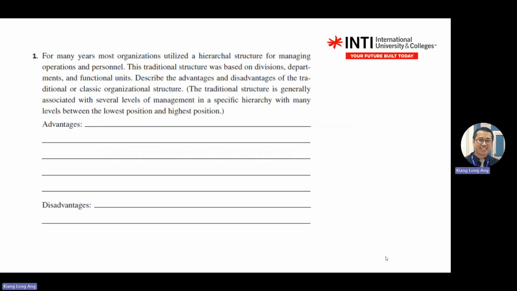What can you elaborate on this word, authority, for this organization chart? What happened to the authority dimension when you do a traditional organization chart? Which one is clearer, this one or this one? This one, right? So the keyword for traditional is authority.